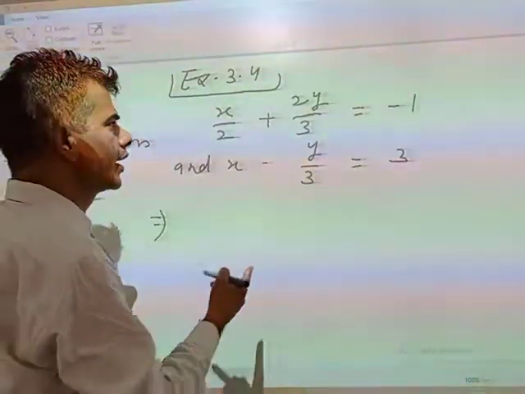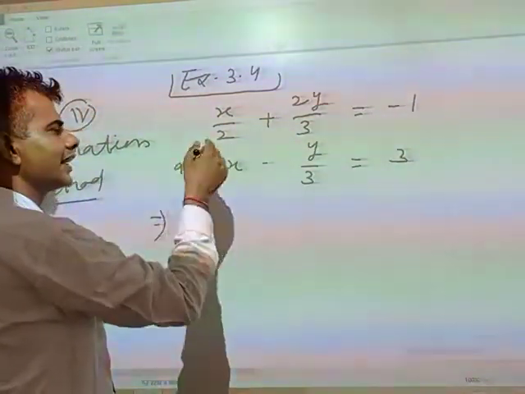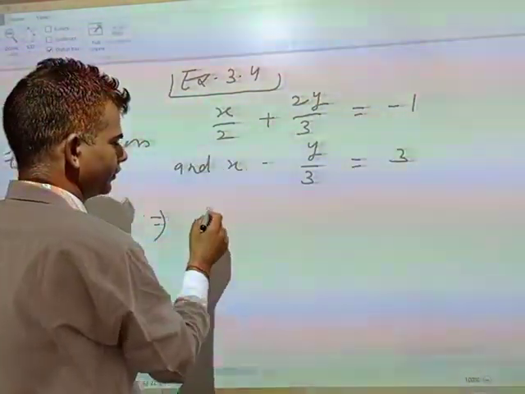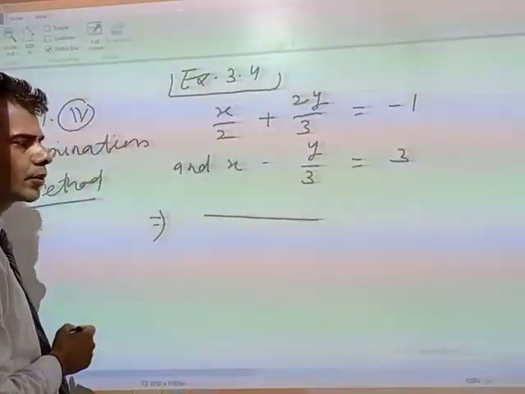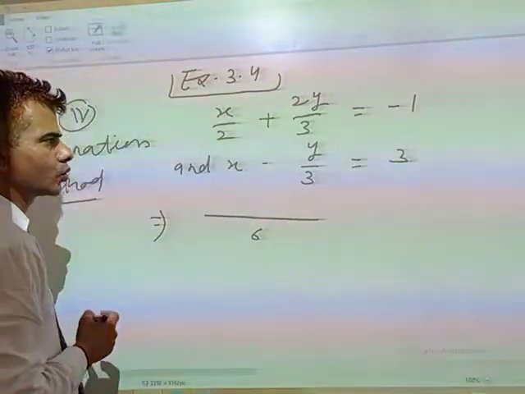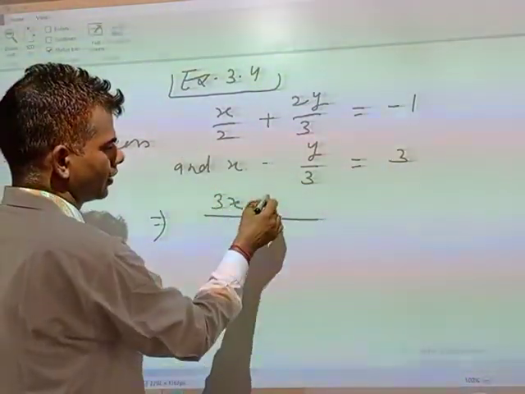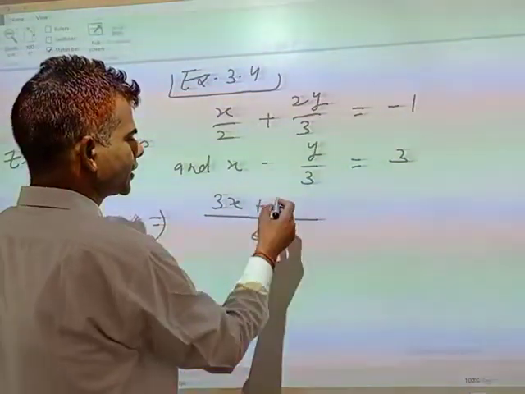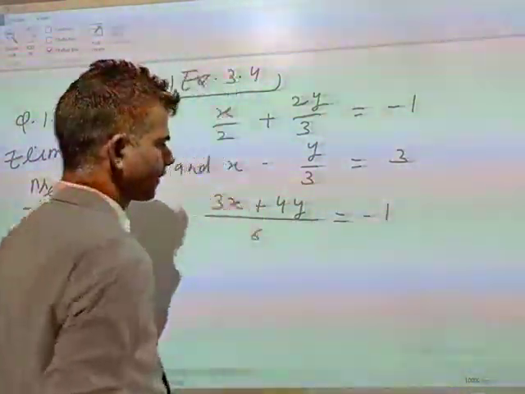Students, in first linear equation we will take the LCM of 2 and 3. LCM of 2 and 3 is 6. 2 3s are 6, 3x plus 3 2s are 6, 2 2s are 4, that is equal to minus 1.